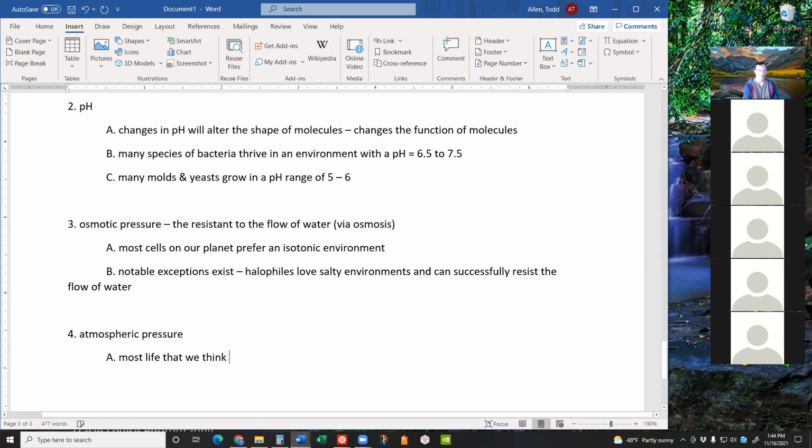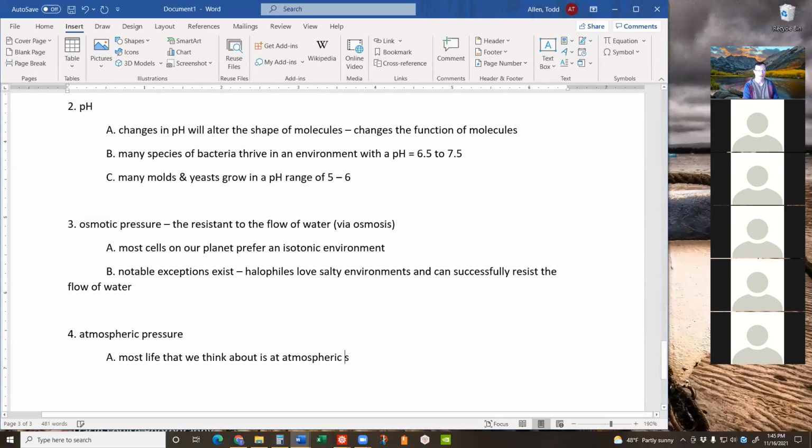Most life that we think about is at sea level pressure.